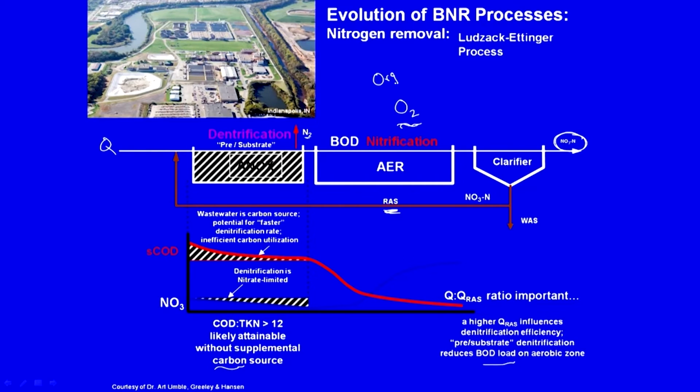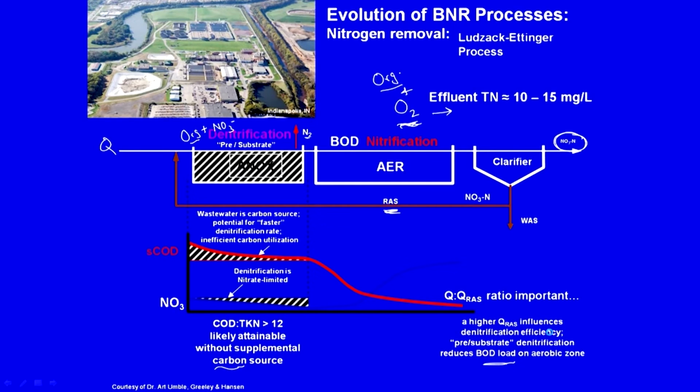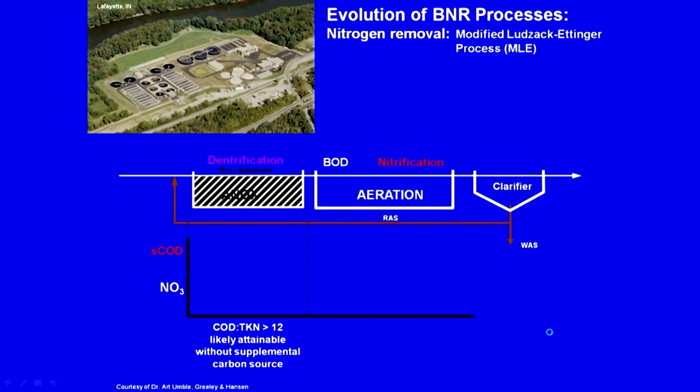I am trying to remove organic matter here. Organic matter will have to be degraded in the presence of oxygen by the microbes, but some of the organic matter will be degraded here itself, with NO3 minus, for which I am not supplying any oxygen. So, right, that is why it will decrease the BOD load on the aerobic zone. So, effluent quality relatively better than earlier, but again still not pretty good though, right. So, that is one aspect.